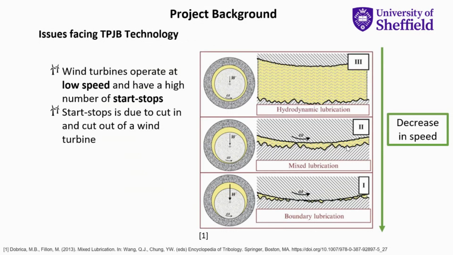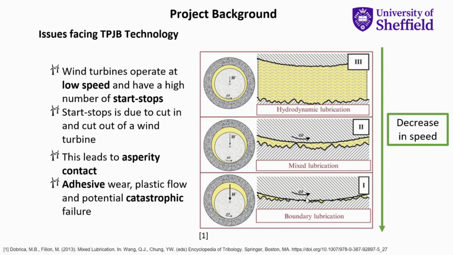And this is all tribologically important, as I'm sure a lot of you already understand, because as we decrease the speed of the rotation of the wind turbine, we move from hydrodynamic lubrication, if we were even there to start with, as like I said, wind turbines operating at these really low speeds, down through mixed and boundary lubrication, and we begin to get asperity contact, and this leads to adhesive wear, plastic flow, and potential catastrophic failure.